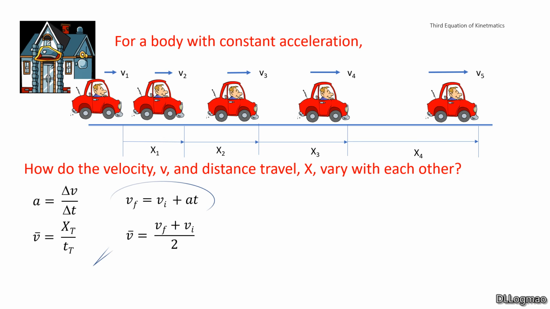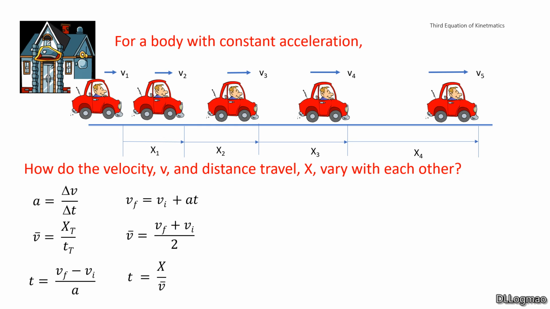The first equation of kinematics can be expressed as time t equals final velocity minus initial velocity divided by the acceleration. And the equation of average velocity can be stated as time t equals the ratio of distance traveled and average velocity.